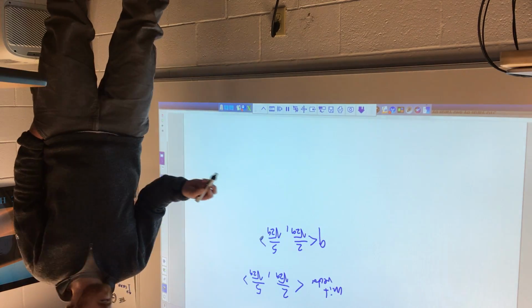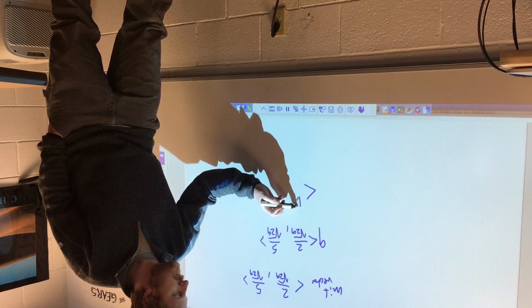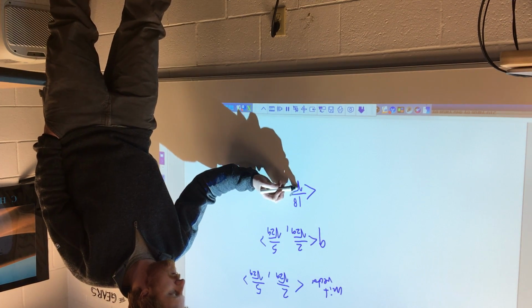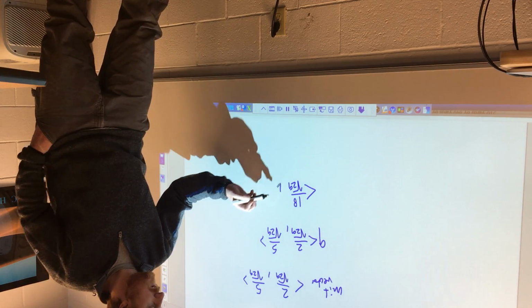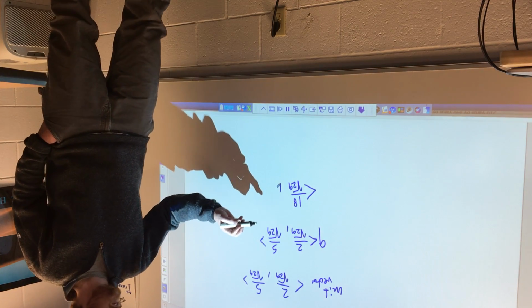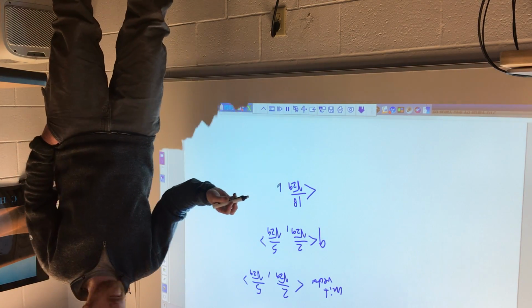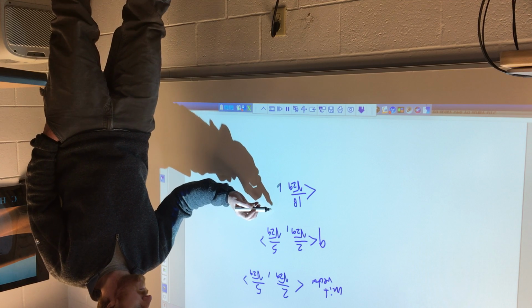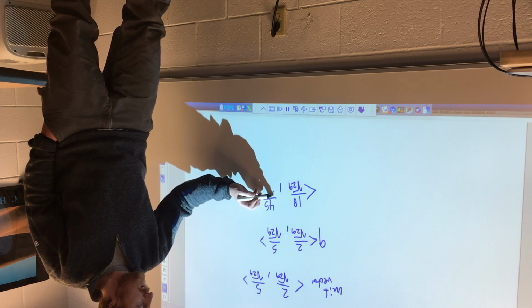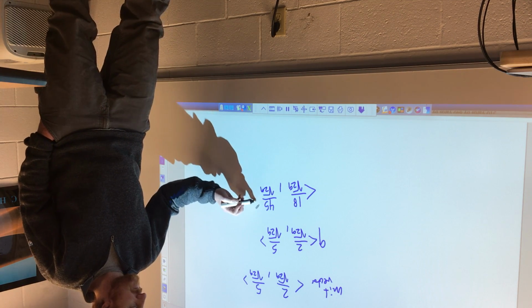And our new vector, this is V, is 18 i plus 45 j over root 29. And you're good.